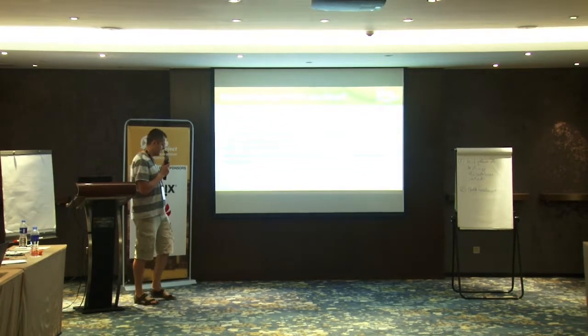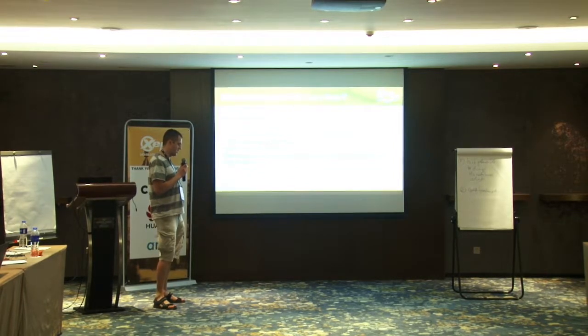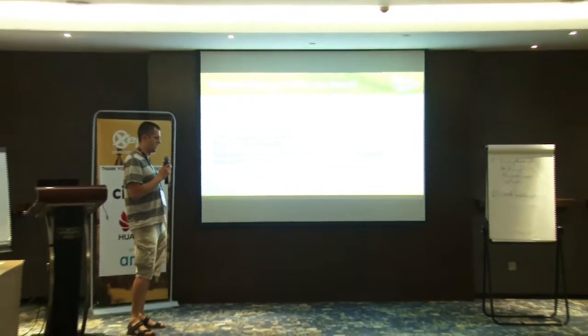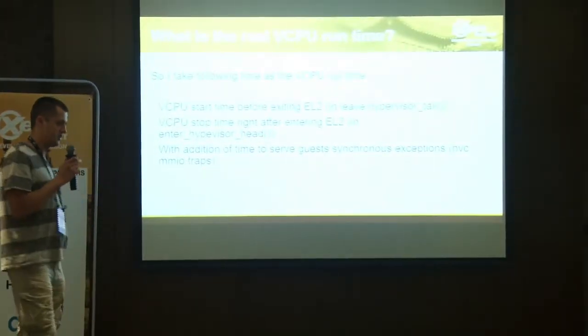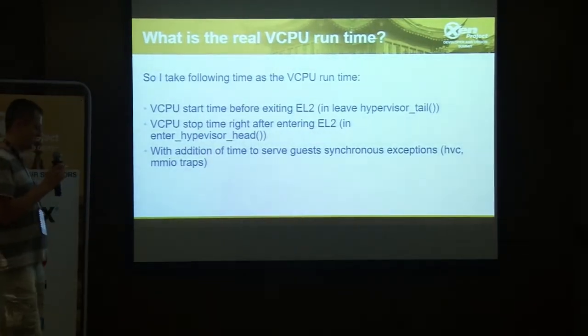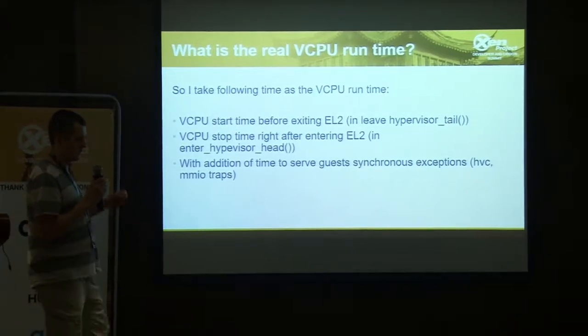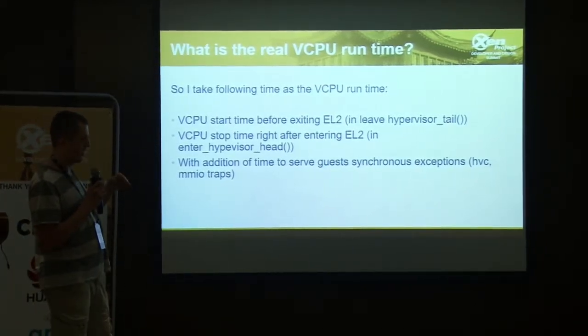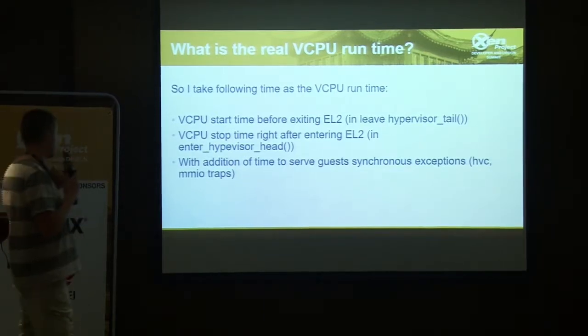Currently in Xen, we account the beginning of the CPU time and the end of CPU time in the same place, in the schedule function. We just take now and we say that for the previous vCPU it is the end time, and for the next vCPU it would be the start time.